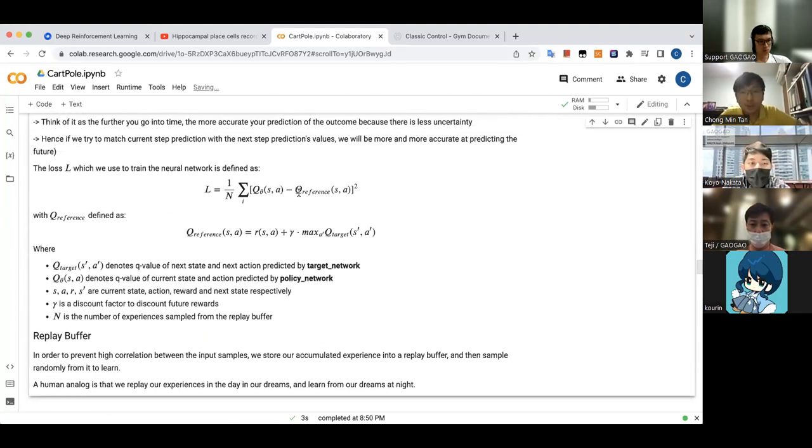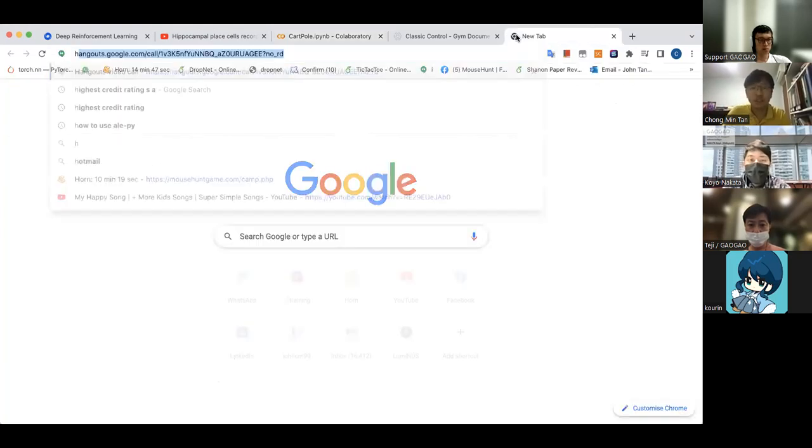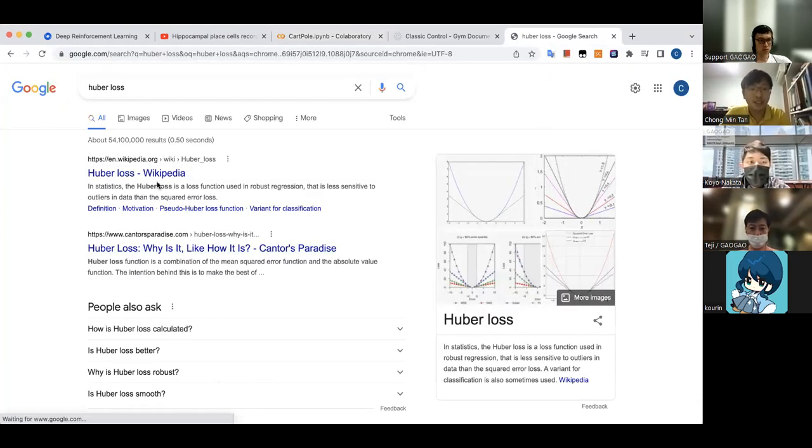One thing that I didn't do is use mean square error, because mean square error has a very high error towards the edge, since it's an exponential increase. So I use this error called the Huber loss. You can search Huber loss.